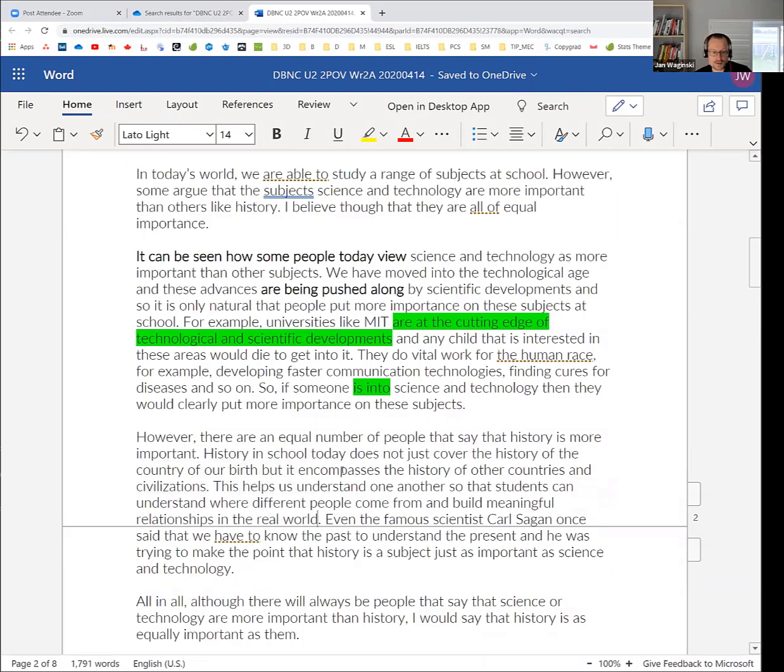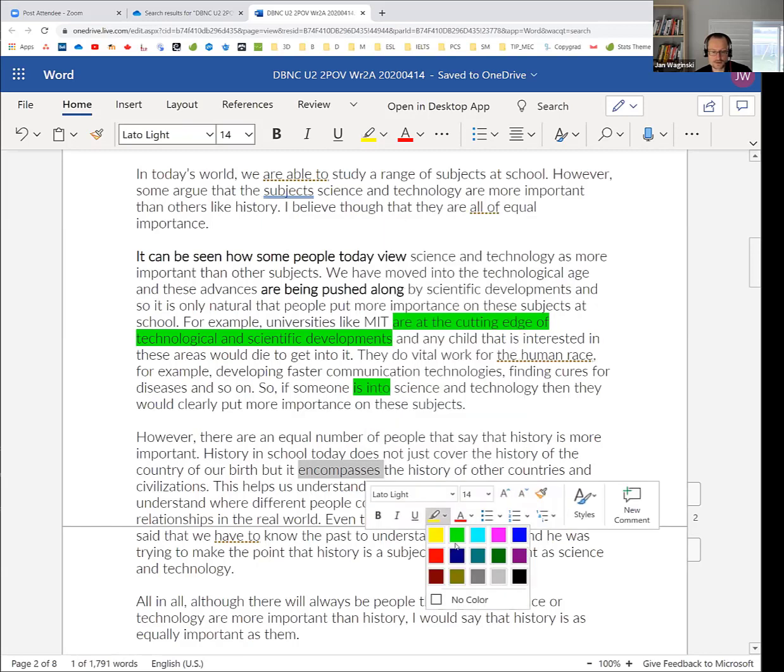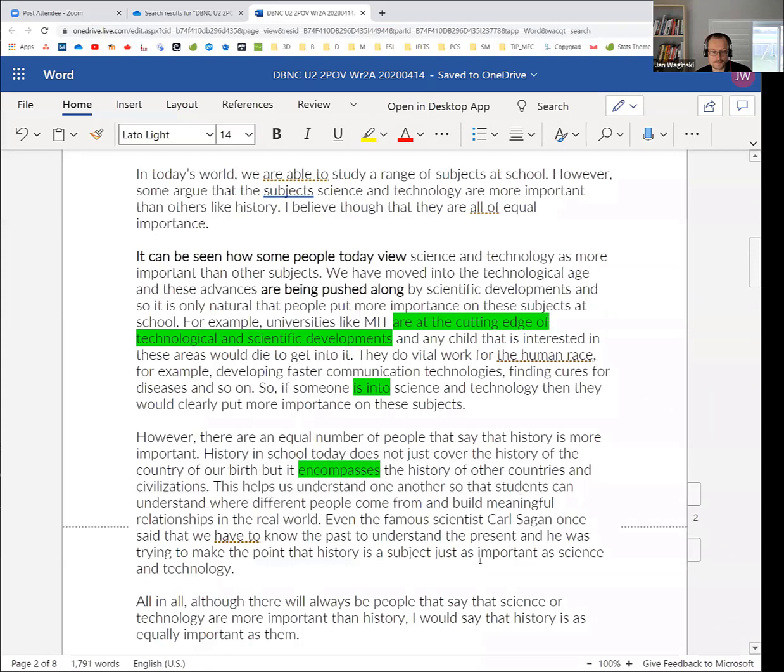What does encompass mean, by the way? I'm going to highlight this word because it's a really good one. What's the root of this word? Like make you understand. Close. Embrace.